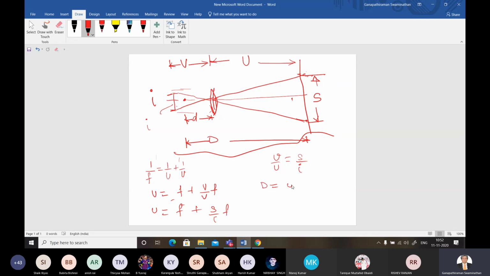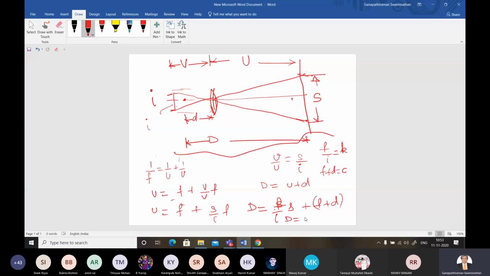D is equal to U plus d. When you substitute it, horizontal distance D is equal to F by I into S plus F plus d. So F by I I put as some K, and F plus d as some C.